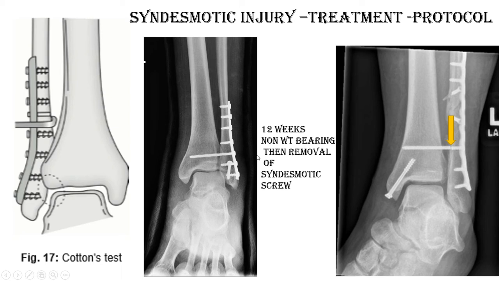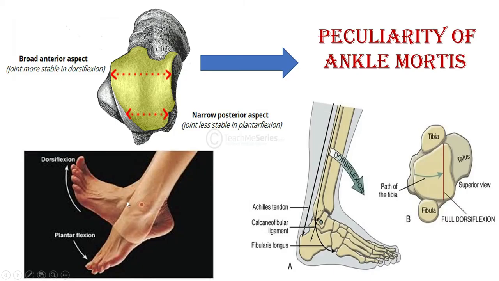Now this syndesmotic screw must be put in full dorsiflexion of the ankle mortise. Otherwise, after syndesmotic screw fixation, the patient cannot do dorsiflexion properly because of the peculiarity of the anatomy. The ankle mortise is not going to accommodate the wide part of the talus, because when you are putting the screw, the ankle mortise will squeeze and will not allow it.